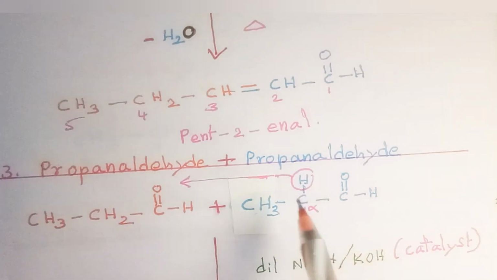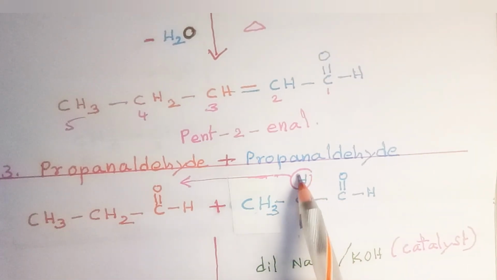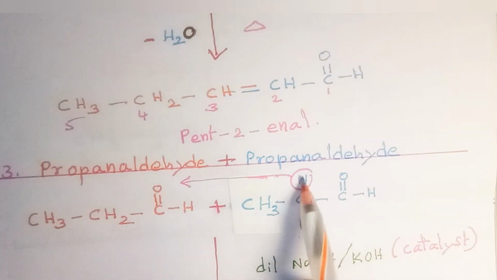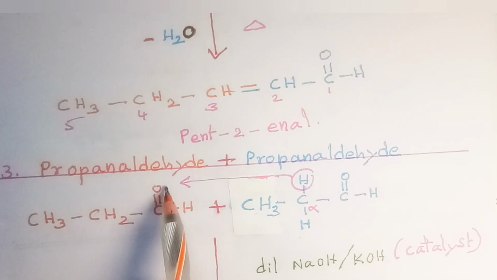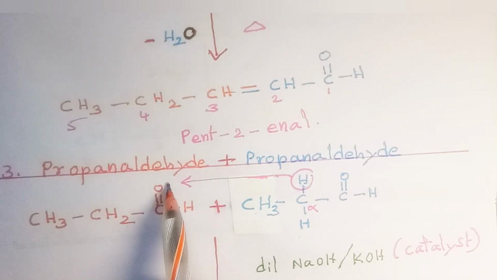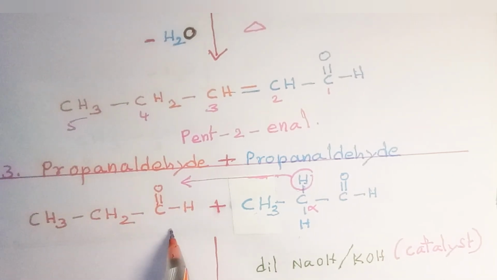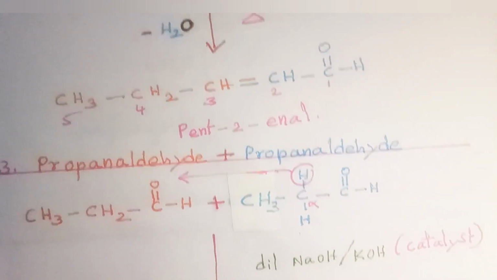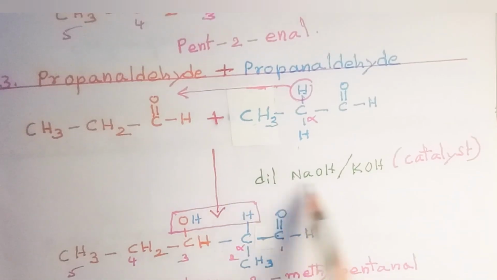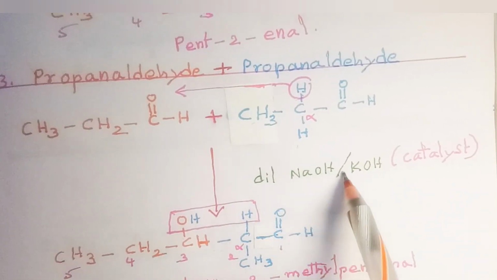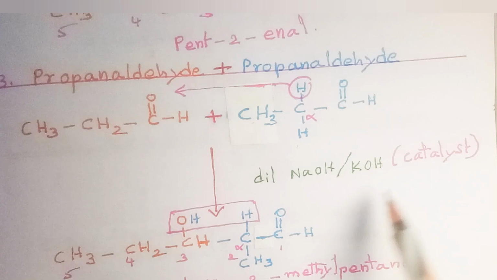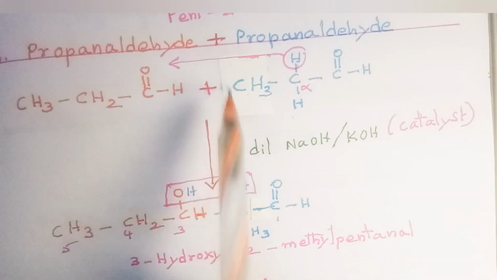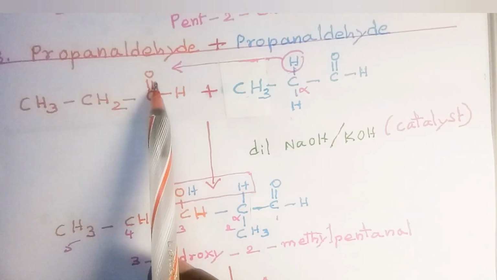Now we join an alpha hydrogen of the second reactant with the oxygen of the first reactant. This happens in the presence of dilute alkali like sodium hydroxide or potassium hydroxide acting as a catalyst, and we get an OH here.